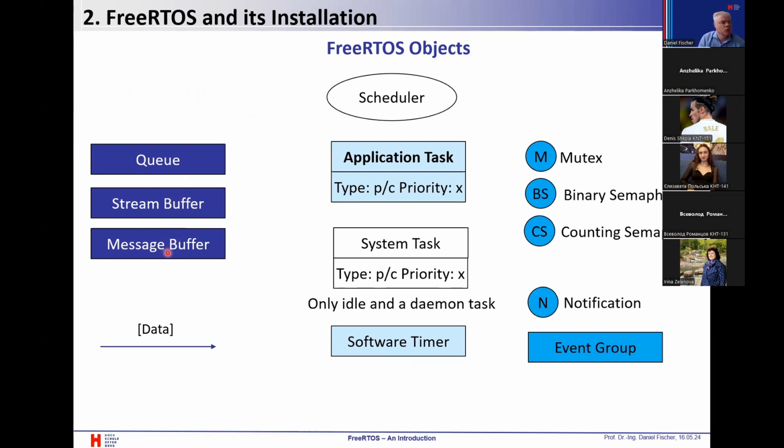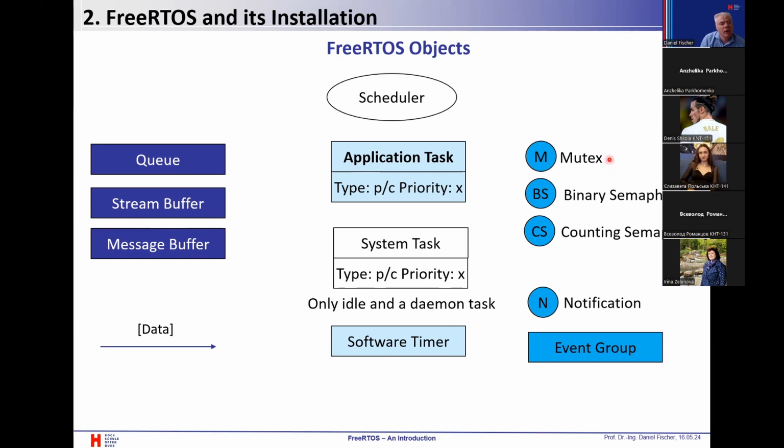Here we can see 2 different versions of queues. Stream buffers and message queues are also possible. Later we will talk only about queues and application tasks, nothing more.